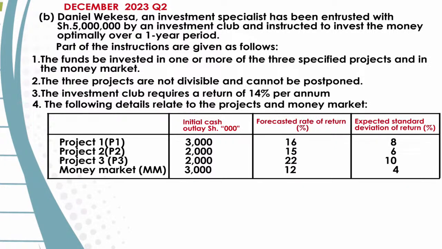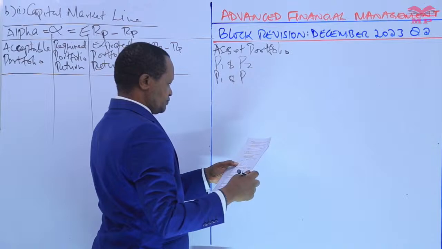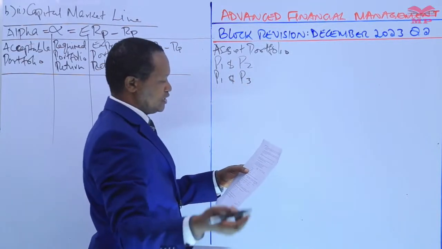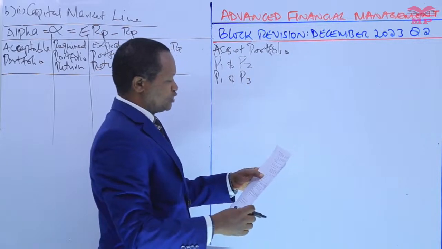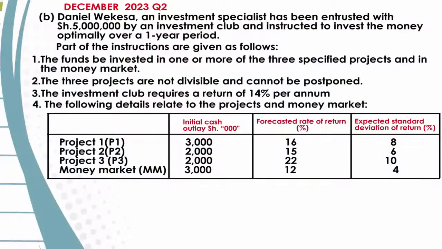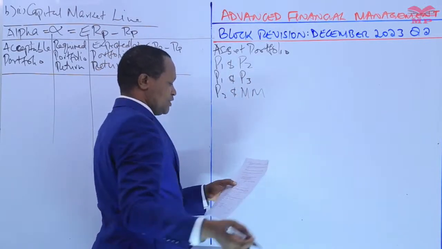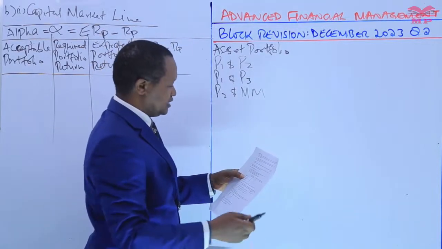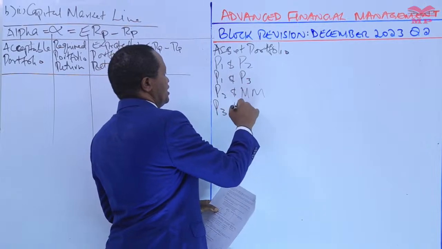Another possible combination is project 1 and project 3, because 3 million plus 2 million gives us 5 million. Then the other possible combination is project 2 and money market. This money can be invested in project 2 and also the money market. Then we have another last possible combination, project 3 and the money market.